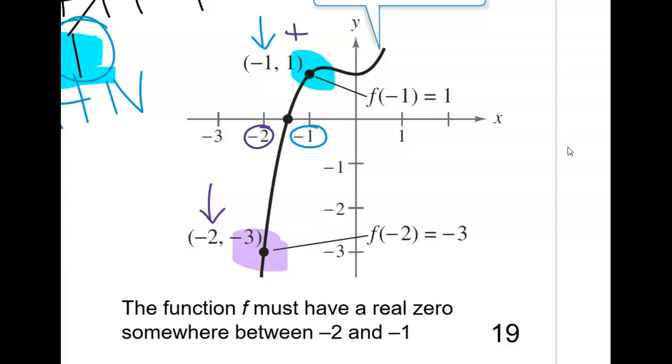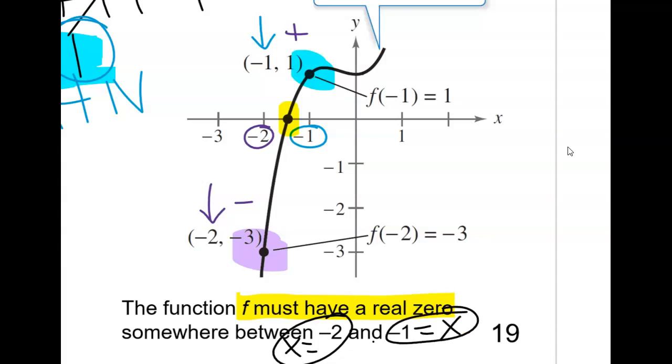So because the y values, this is positive and this is negative, they're opposite in sign, then there must be a point where the graph crosses the x-axis. Therefore, f must have a real zero because there is an x-intercept somewhere between, and I would like just to add here, somewhere in between x equals -2 and x equals -1.